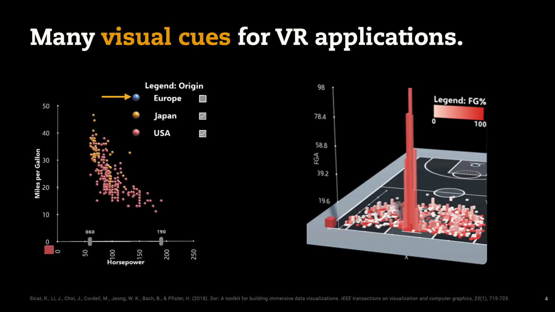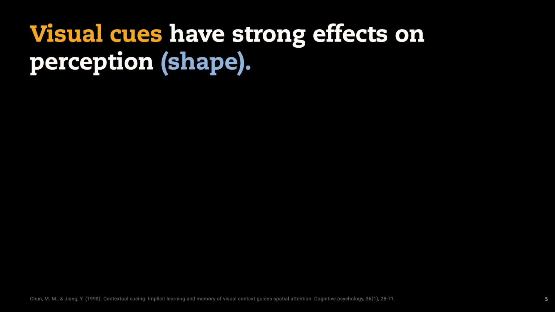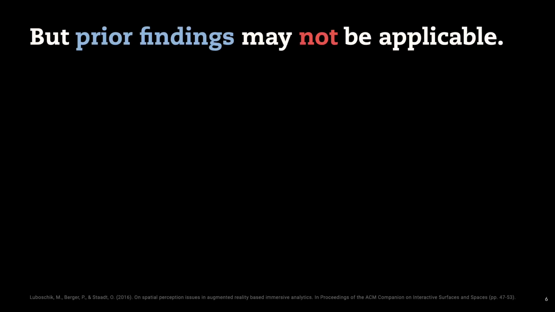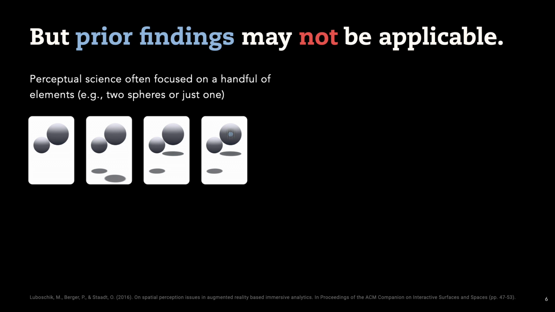There are many visual cues available for VR applications, such as shading and shadow. According to perceptual psychology literature, they and the interplays between them can have strong but complex effects on our perception. The examples here show how shading and texture affect our perception of shape. However, perceptual psychology often focuses on a handful of elements, like two spheres or sometimes just one.